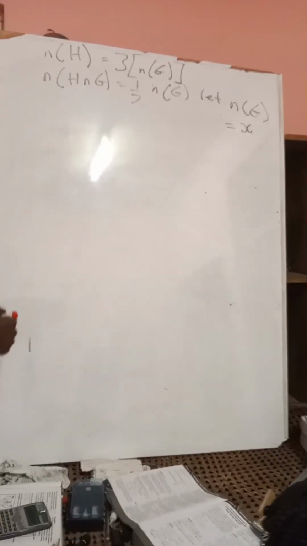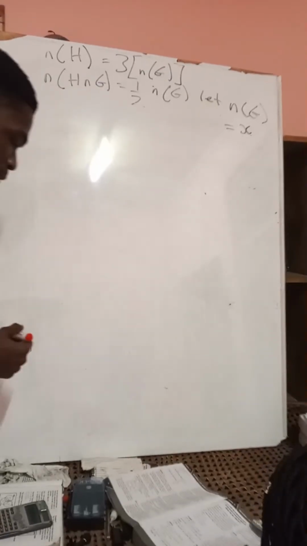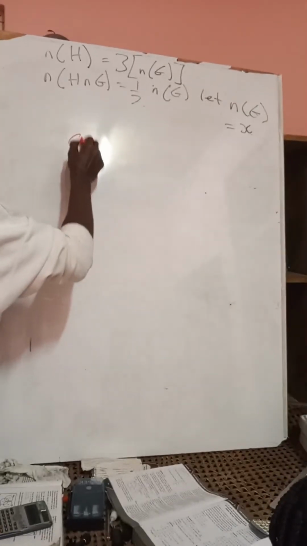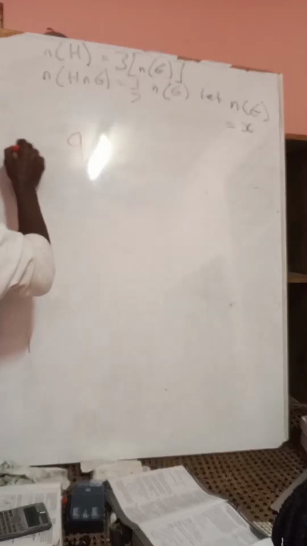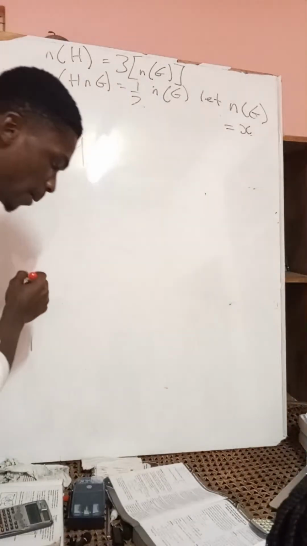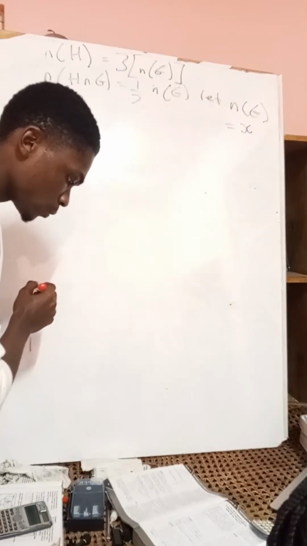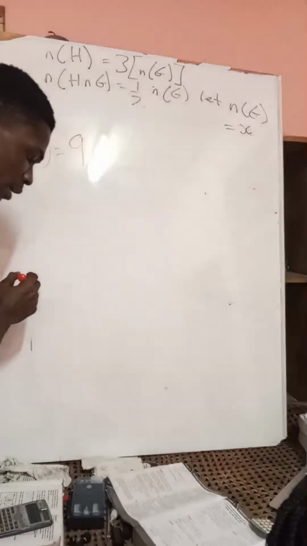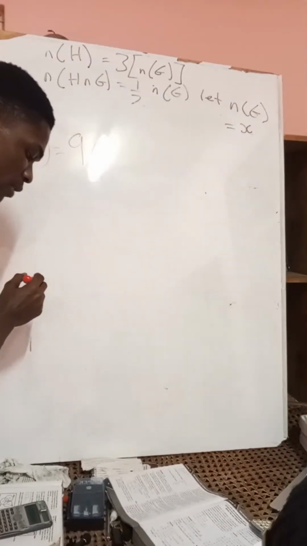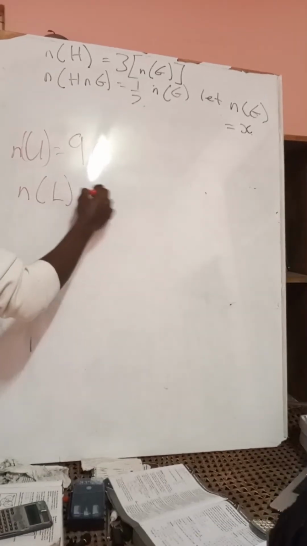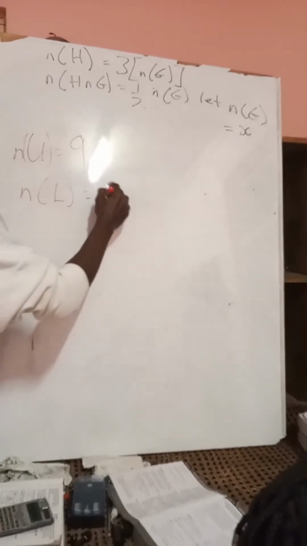Diana, try. It says that out of a total number of 90 pupils, so the total number is 90. Then it says S squared of them said they can play with their left leg, so the number of L, representing left leg, is S squared.